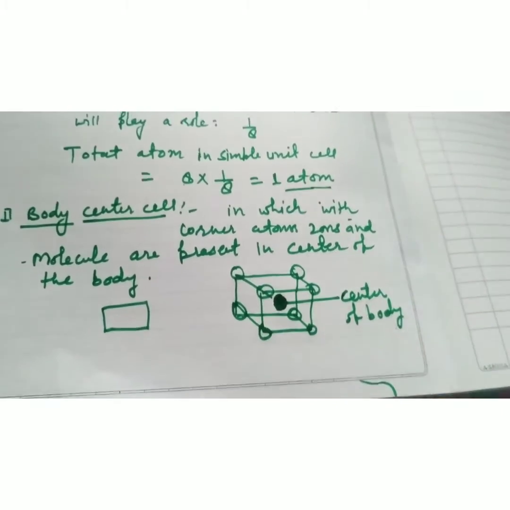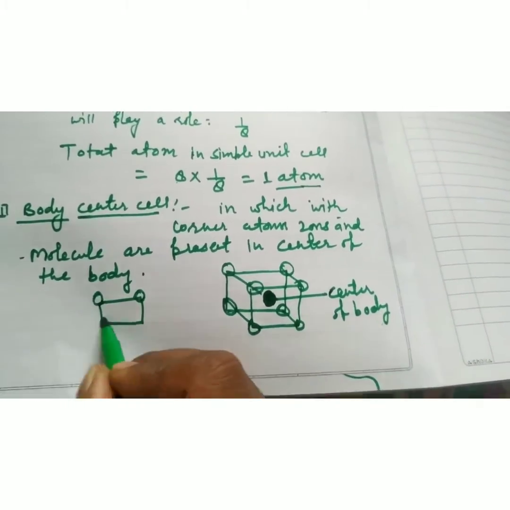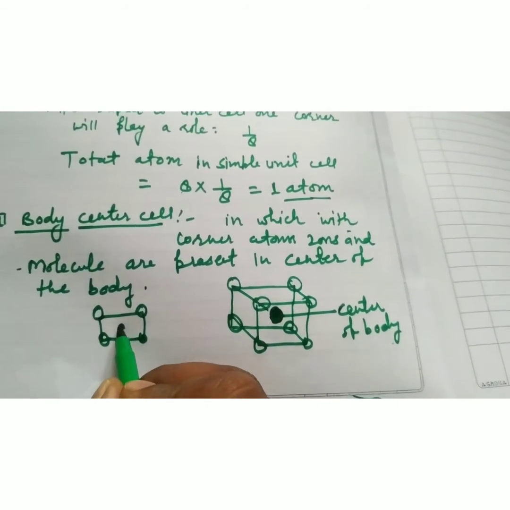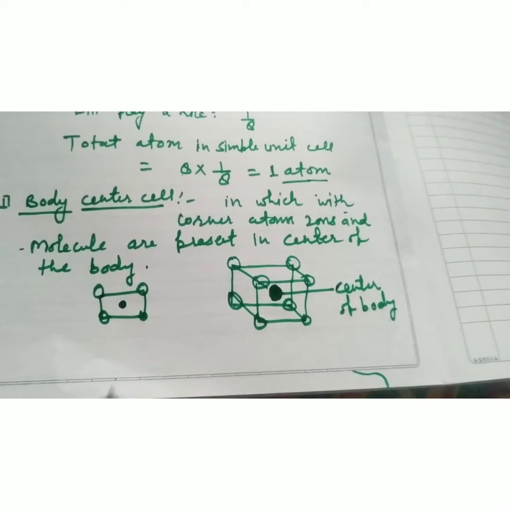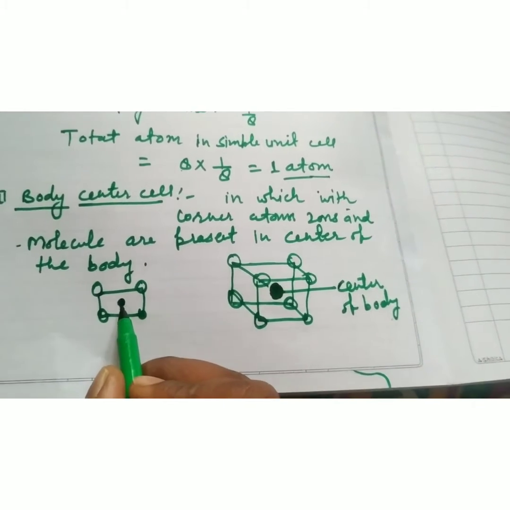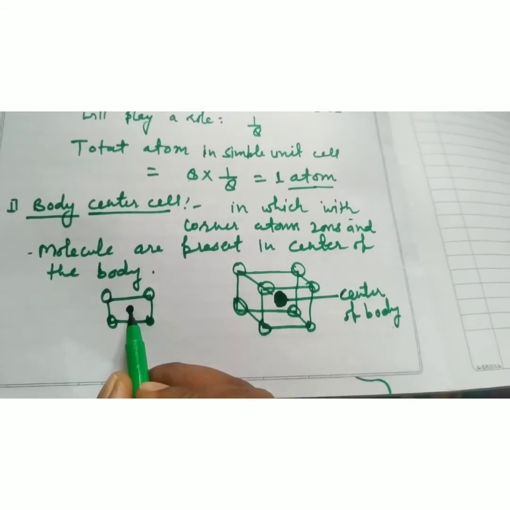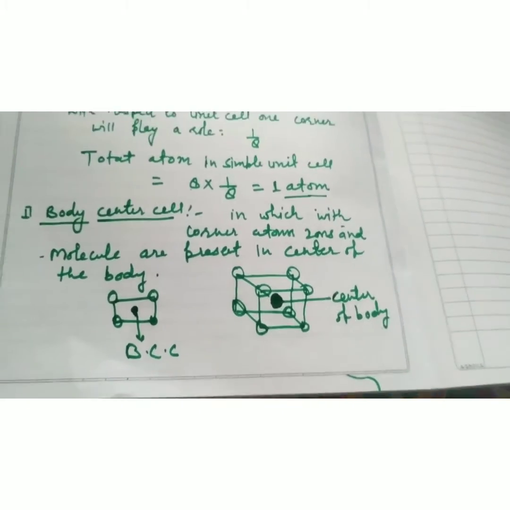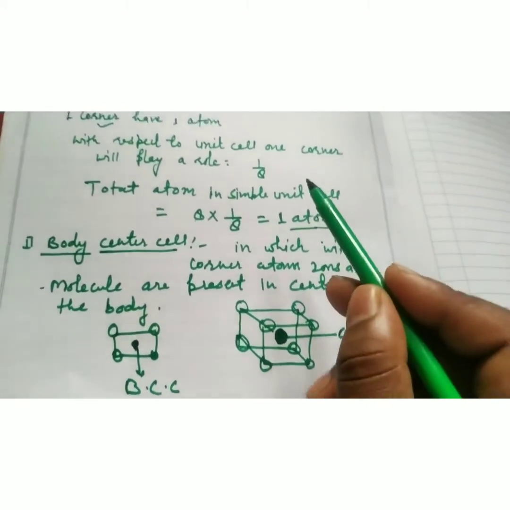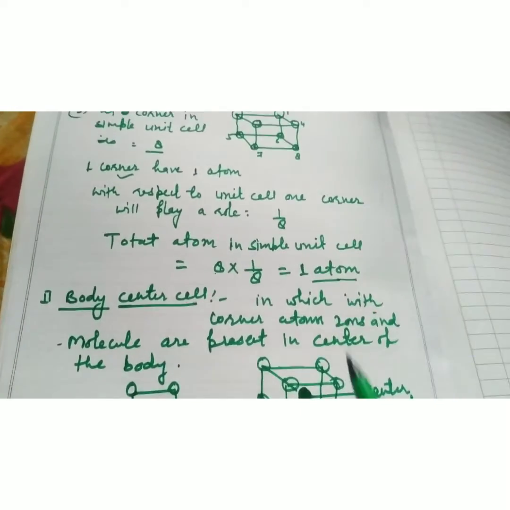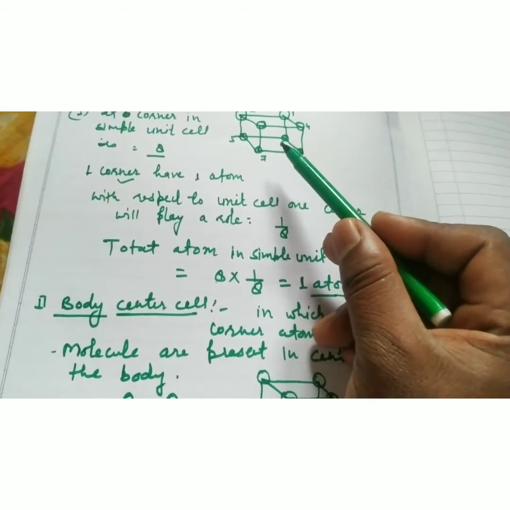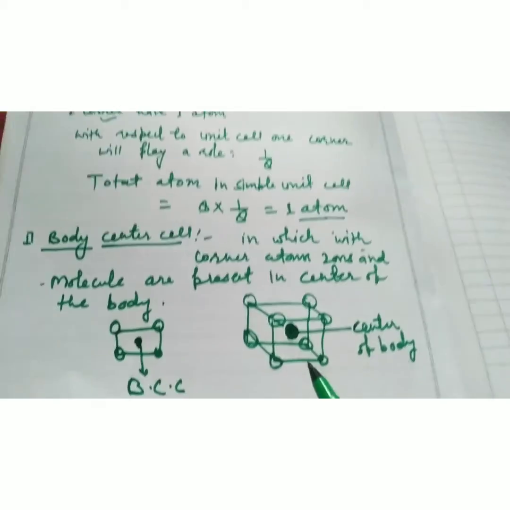Suppose this is a unit cell: each corner contains one atom, and one atom stays in the center of the cell. This center atom is the identification of BCC. Why? Because a simple unit cell also has 8 corners, but the center of a simple unit cell does not contain a central atom. So this is the identification of BCC.